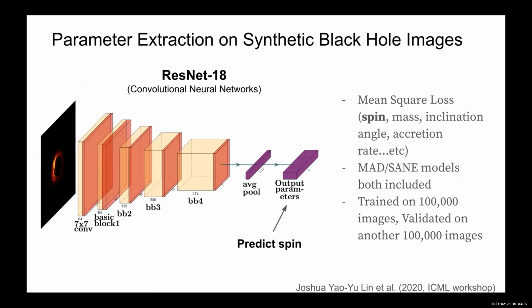In our work, we use ResNet 18, which is deeper, and I personally really like this convolutional neural network. We modify the last layer of the neural network so that it can output the parameter of interest, including spin. And we use a mean square error loss so that it directly outputs the value of the spin. In our model, we include both MAD and SANE as our training set, and we validate on another 100,000 images.